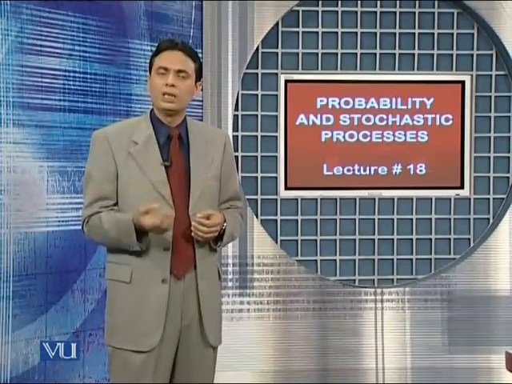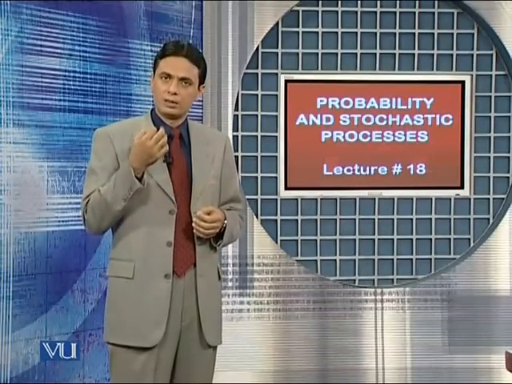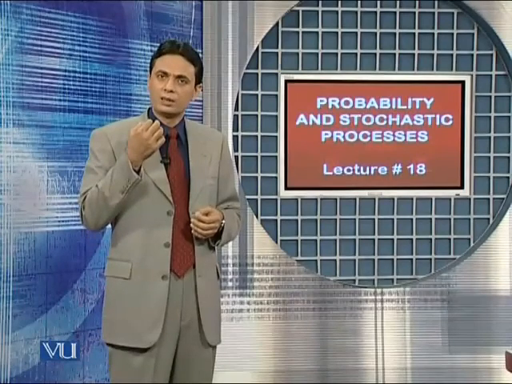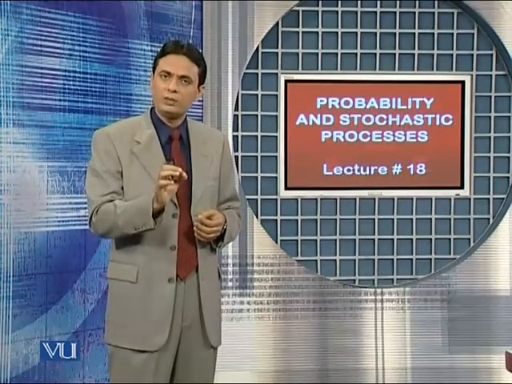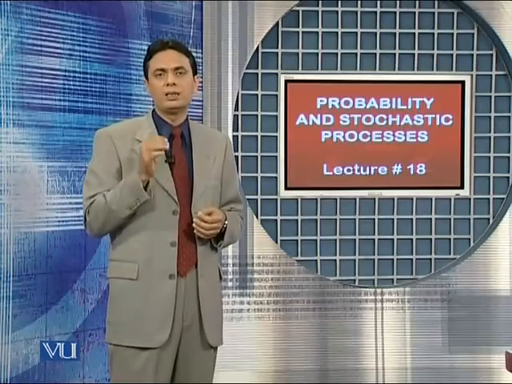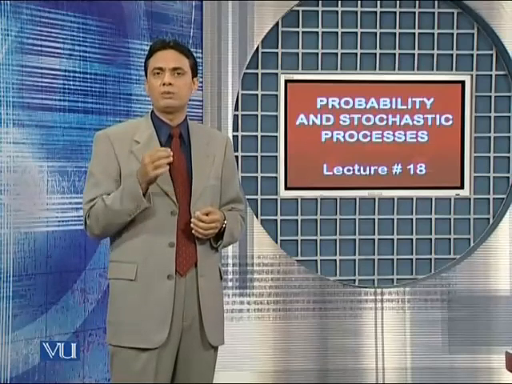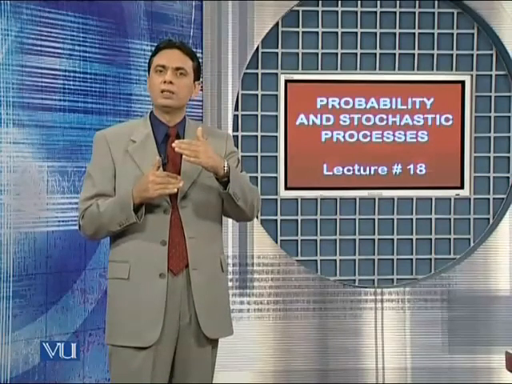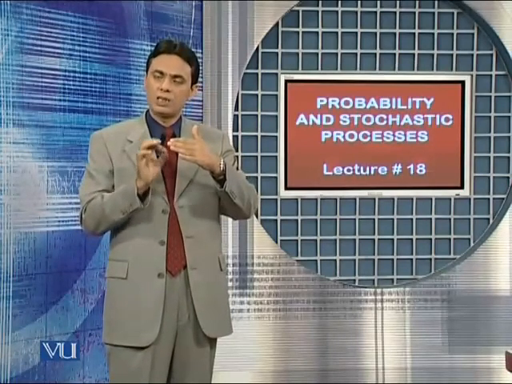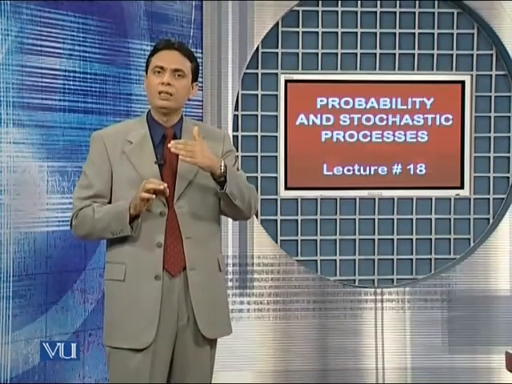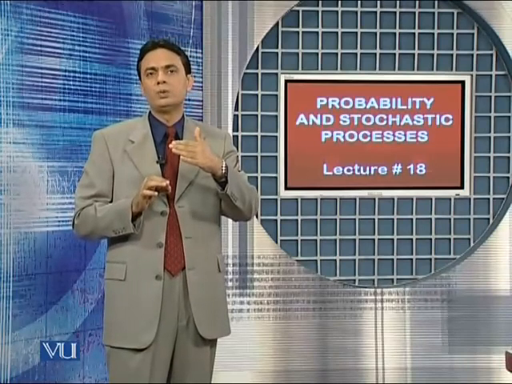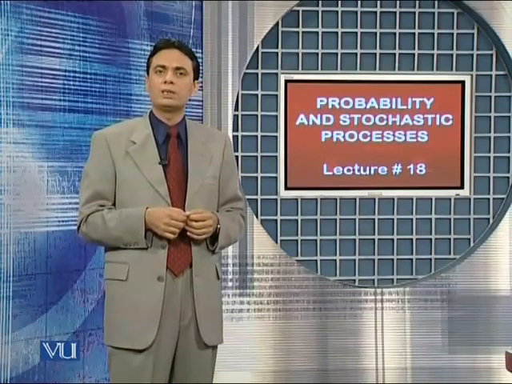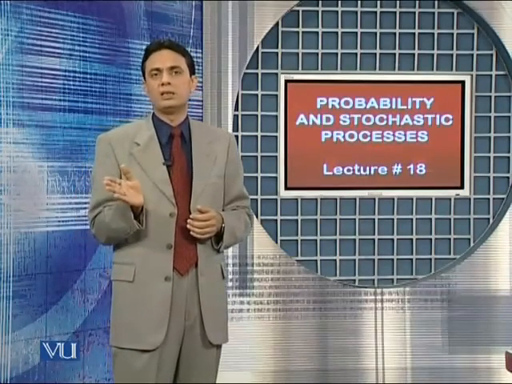For example, if you observe the distance between the center of the needle and the nearest line, then this observation is going to lie between 0 and h by 2. H is the line spacing. So if you measure the distance between the center of the needle and the nearest line, it's going to be h by 2 at most. The second piece of information is the orientation of the needle.